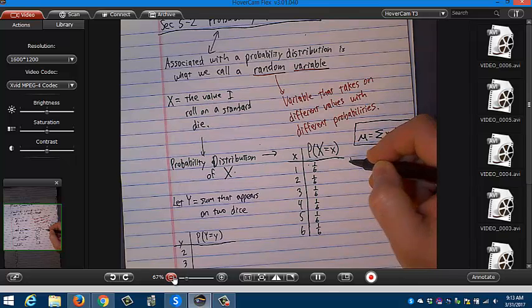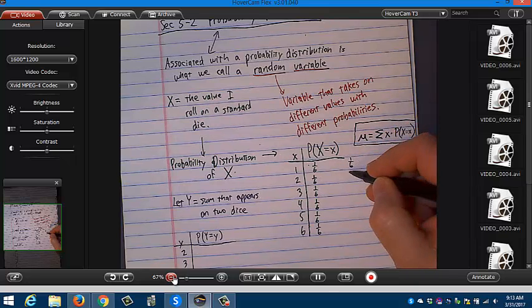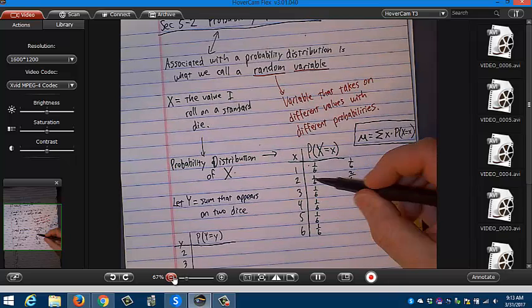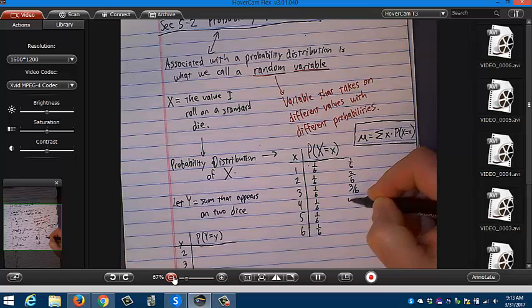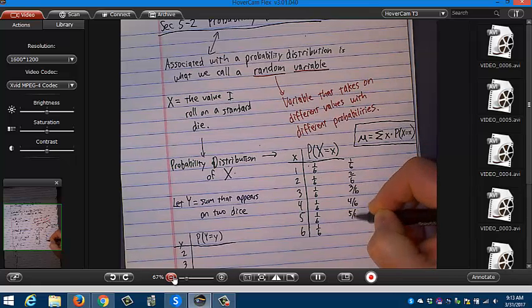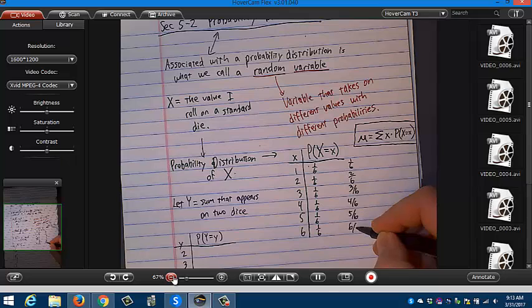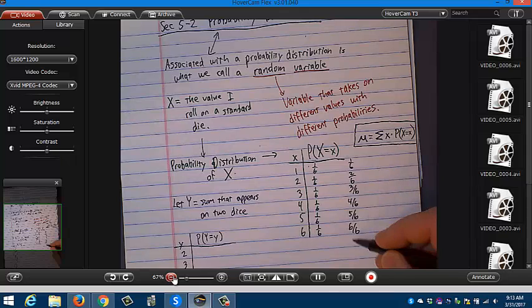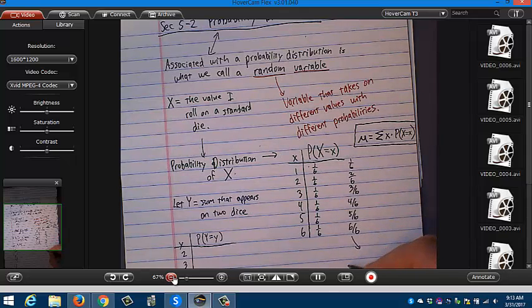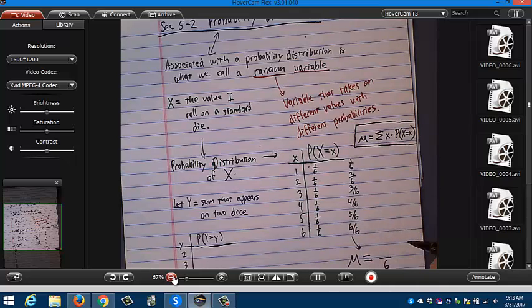We get 1/6, 2/6, because we have to do 2 times 1/6, right? 3/6, 4/6, 5/6, and 6/6, right? So can you add those fractions? Sure, because they all have a common denominator. So I know when I add them up, the mean is something over 6.